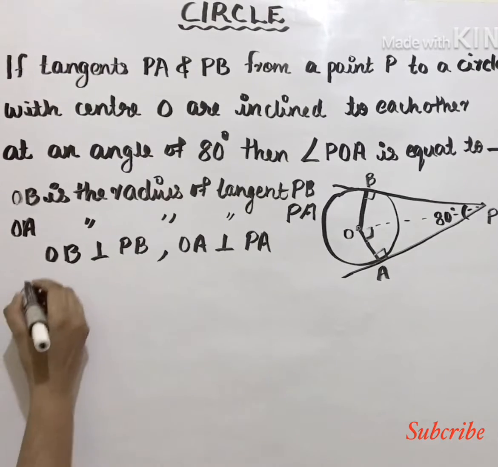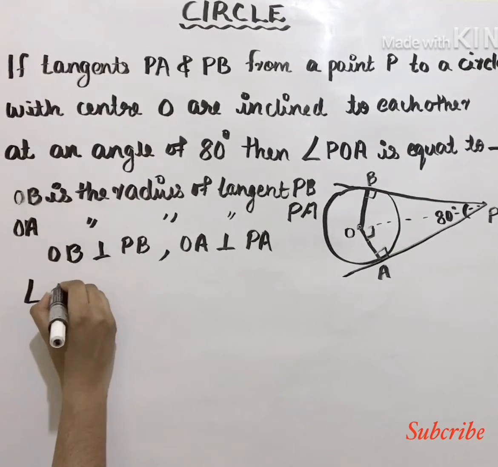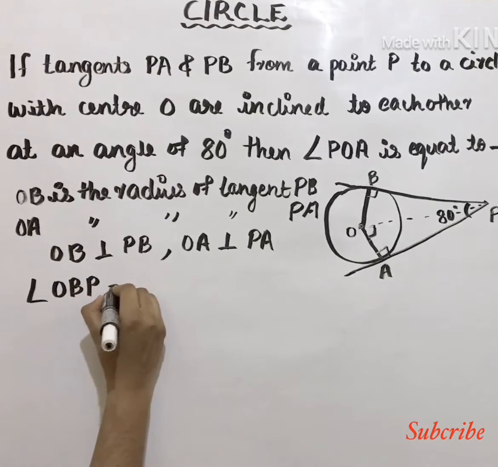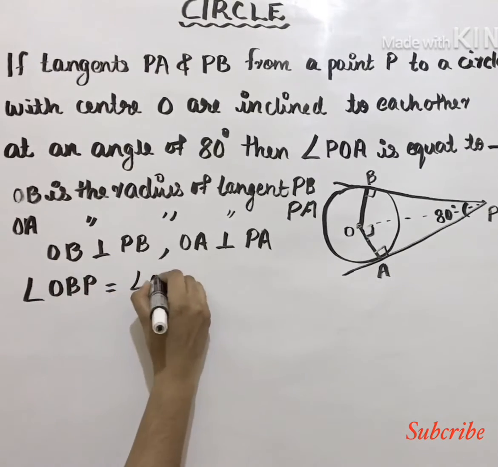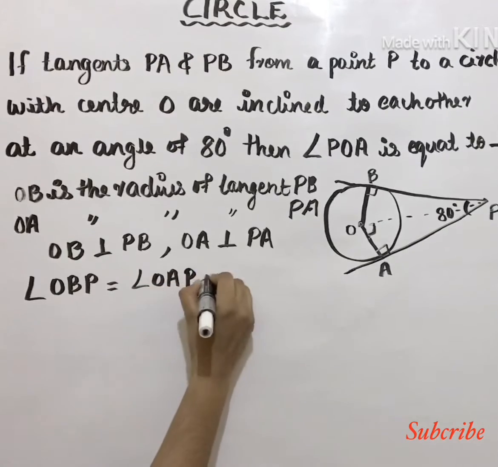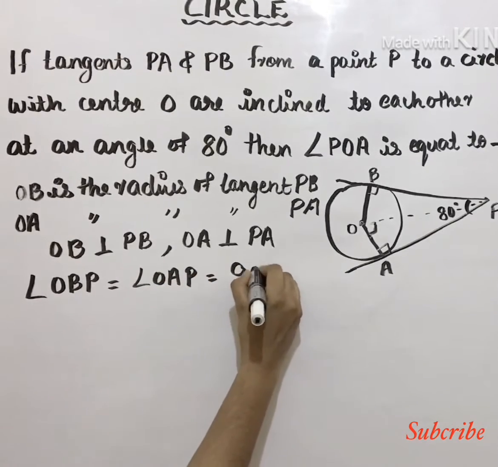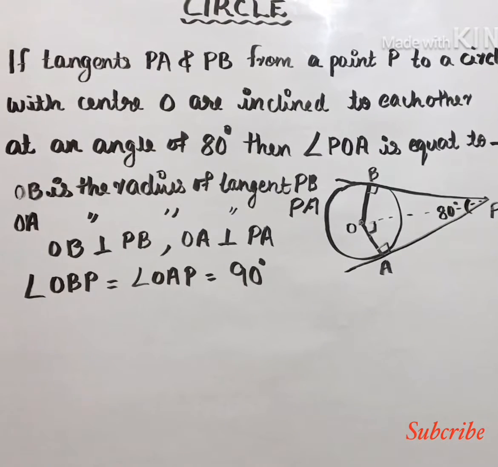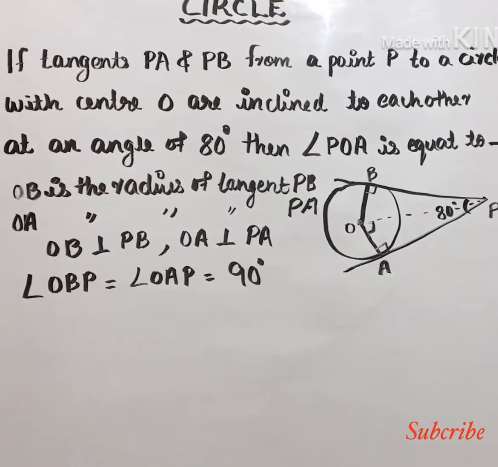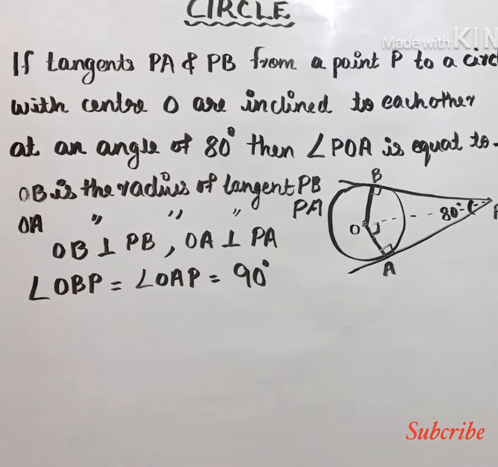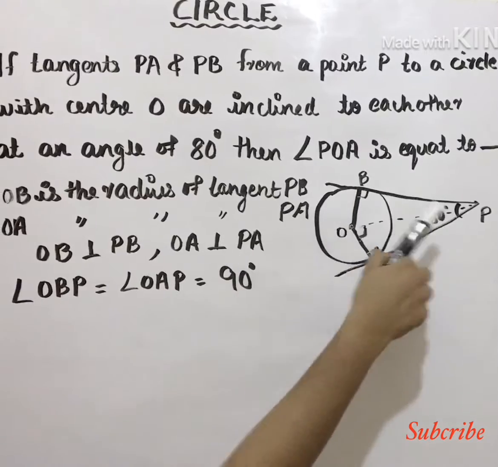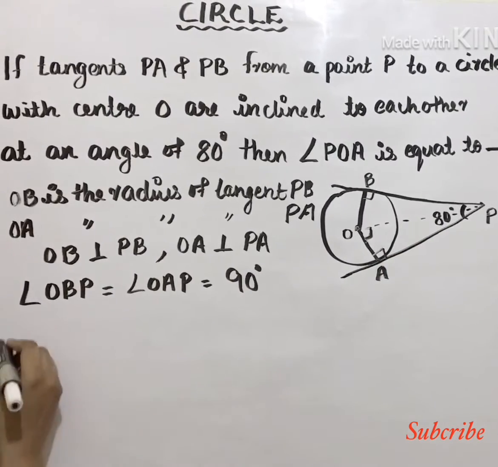Therefore we can write angle OBP is equal to angle OAP is equal to 90 degrees. Now we consider a quadrilateral. AOBP is a quadrilateral.